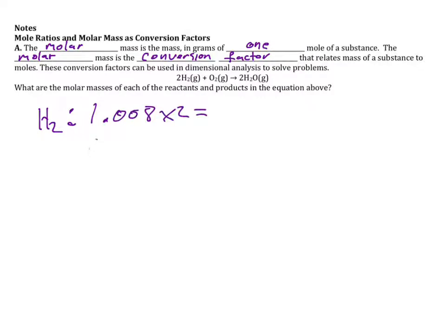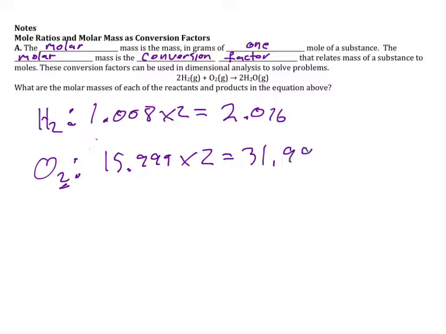And so the molar mass of this is going to be 2.016. Then we have oxygen gas, where each oxygen is 15.999. But again, there's 2 oxygens, so we multiply it by 2, and this ends up being 31.998.